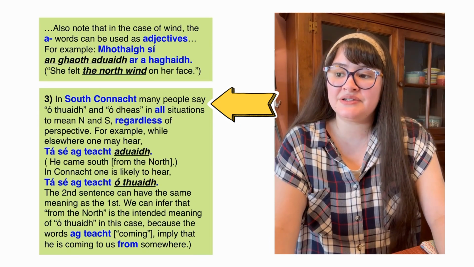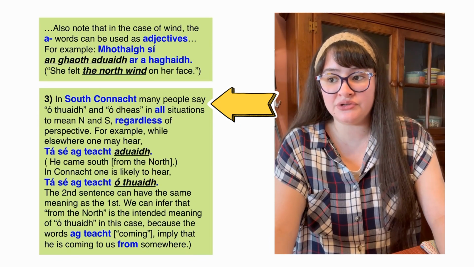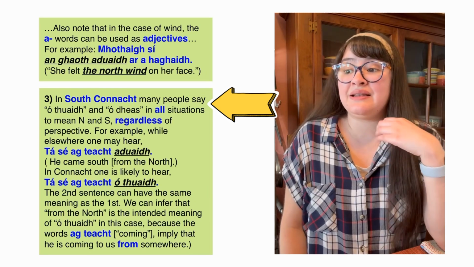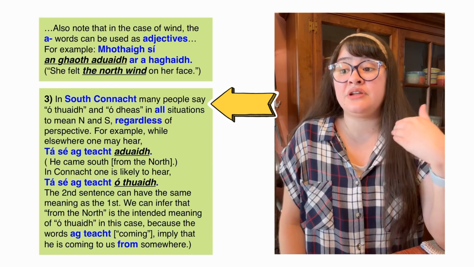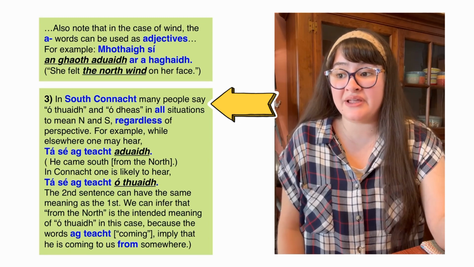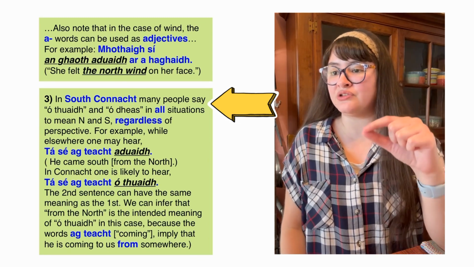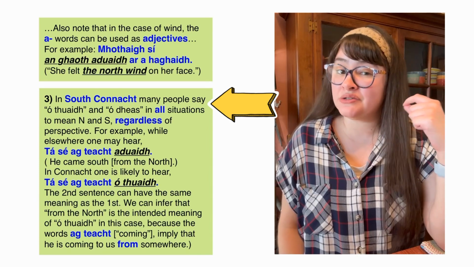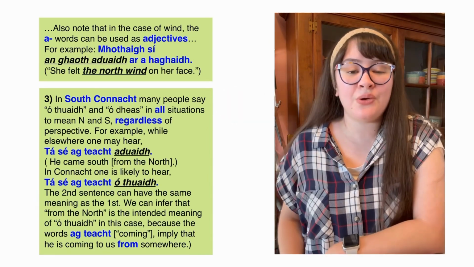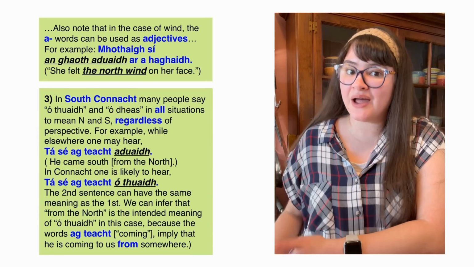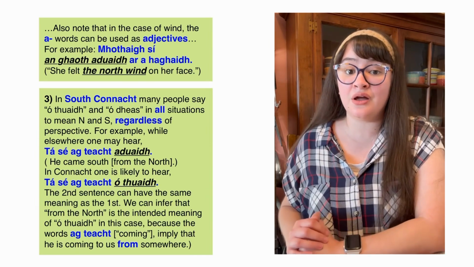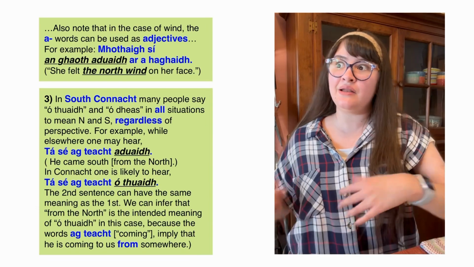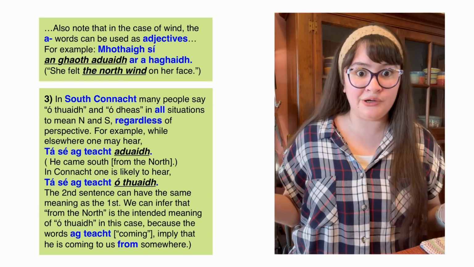The second sentence can have the same meaning as the first, but we can infer that from the north is the intended meaning of Tashed chart ohui in this case because of the words a chart, which imply that he's coming to us from somewhere. So that's just something to be aware of because you might hear speakers from Connacht using ohui and oyas in all situations that might not fit what you learned here earlier.